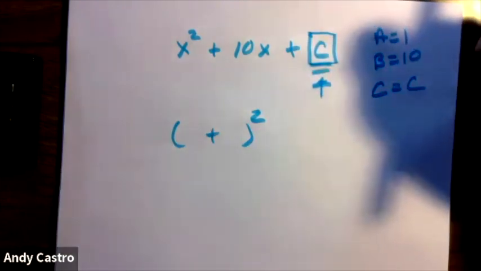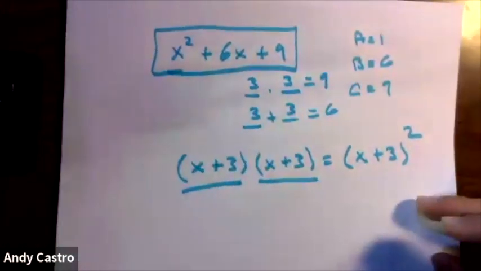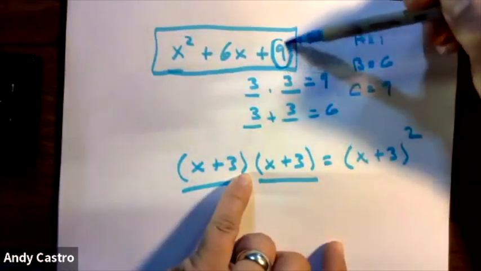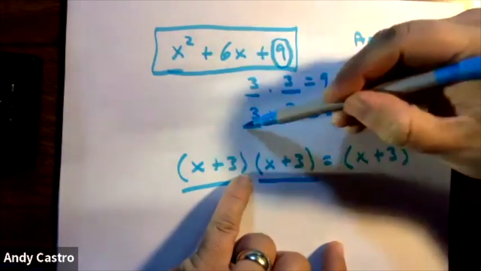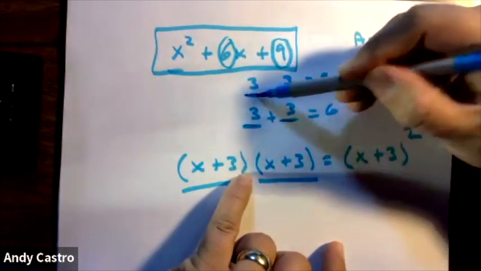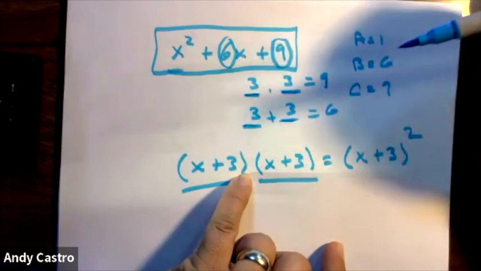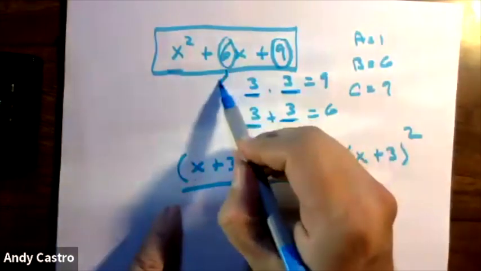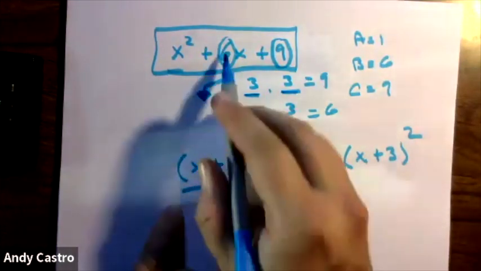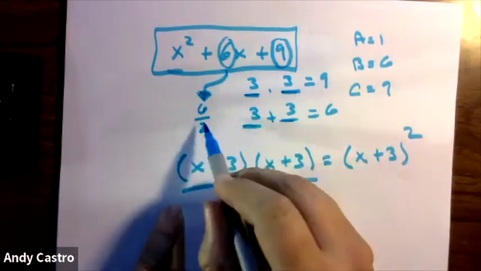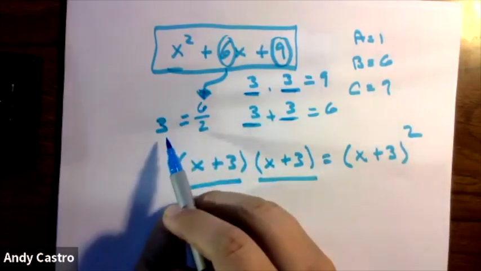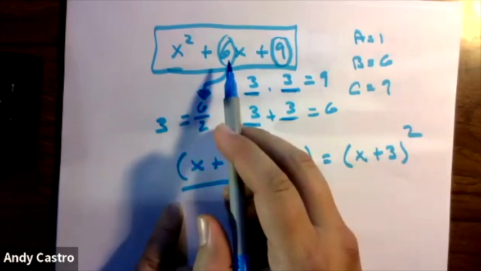Well, if we look back at this problem here that we worked on, notice that my 9, let's say I didn't know what 9 was. I know that I needed two numbers that add to give me the central number. And those same two numbers have to multiply to give me this number. So if I know my middle number, and I know that it has to be the same number added to itself, I can divide that middle number by 2. And that gives me the number that I add to itself to give me 6.